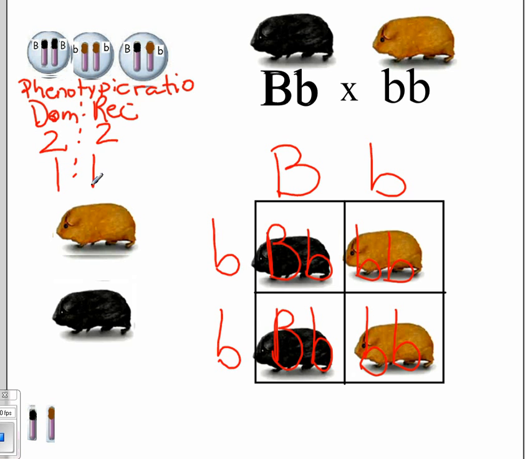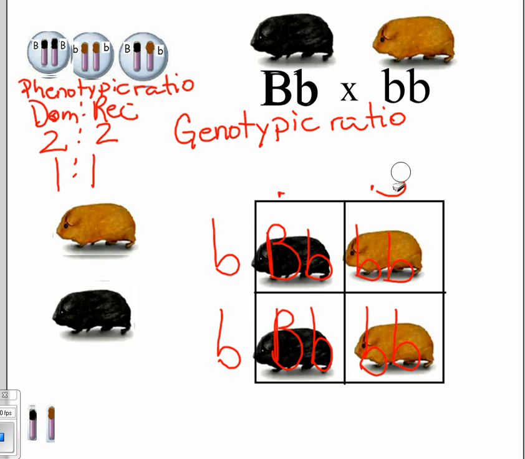Now, genotypic ratio. In genotypic ratio, you normally end up going homozygous dominant to heterozygous to homozygous recessive.